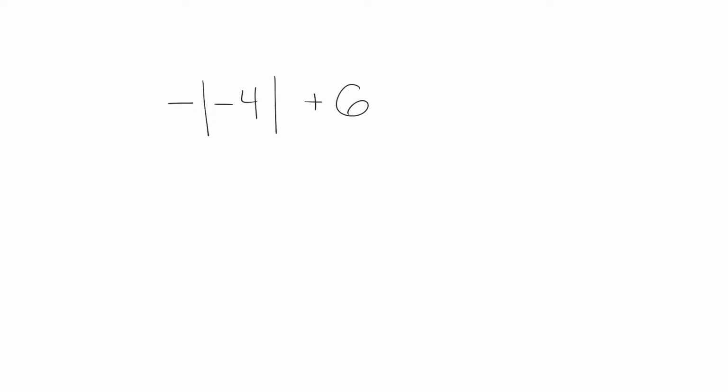It's really no different than when we would say like -3. We know that that's multiplying, right? So what we're going to do here is we're going to take the absolute value of -4 first, and we know that that is 4. Now, outside of that, we have a negative, and this is like a -1, right, that needs to be multiplied. And we can add 6 to that. So this is -1 times 4 is -4 plus 6, which equals 2.